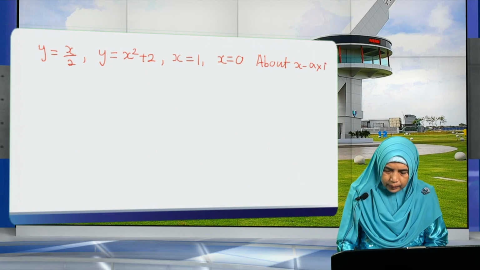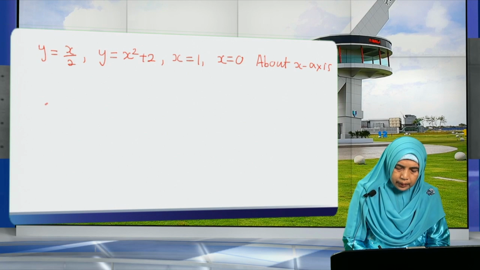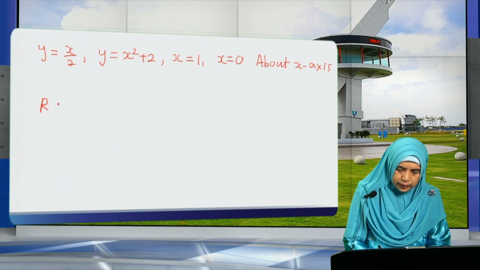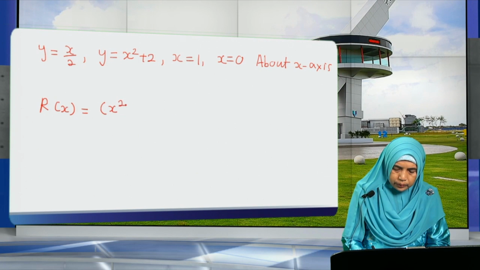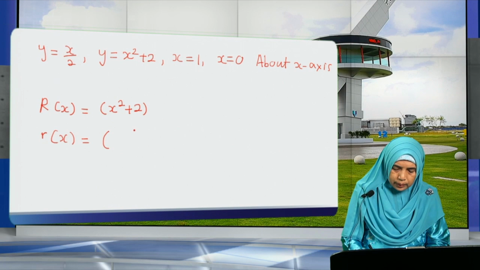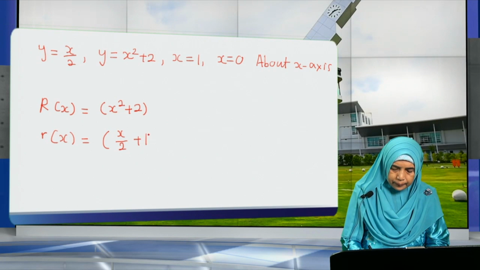Okay, so we have the outer radius, which we call big R, and this is equivalent to the parabola x squared plus 2. And the inner radius, which is the radius of the hole, is x over 2 plus 1.